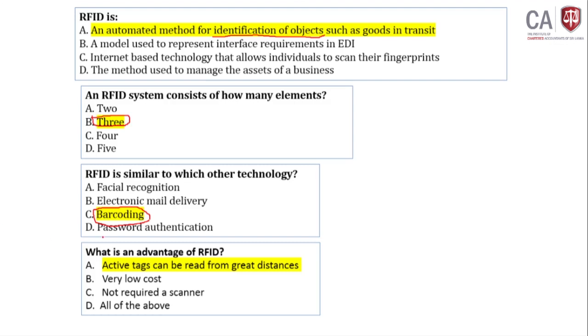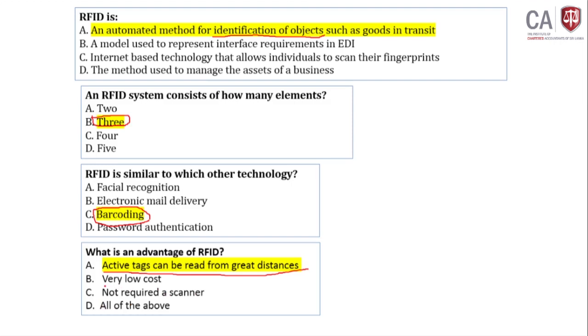What is an advantage of RFID? Active tags can be read from great distance. Yes, it is correct. Very low cost, no. Not required a scanner? We require a scanner. We especially need a scanner to scan, otherwise how can we get the data?